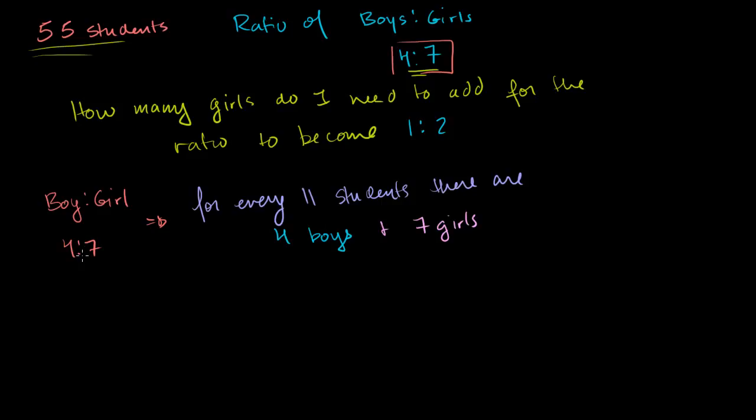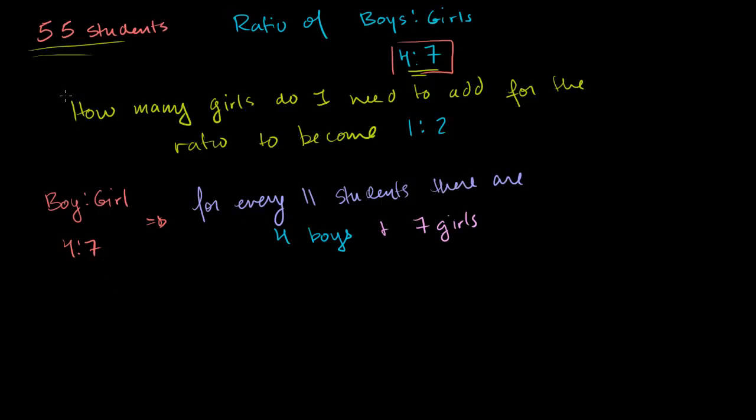That's what this ratio tells us. You could split this classroom into a bunch of groups, and for every group of 11, you're going to have 4 boys and 7 girls. That's all that tells me. If you split them, every group has the same number of boys and girls.